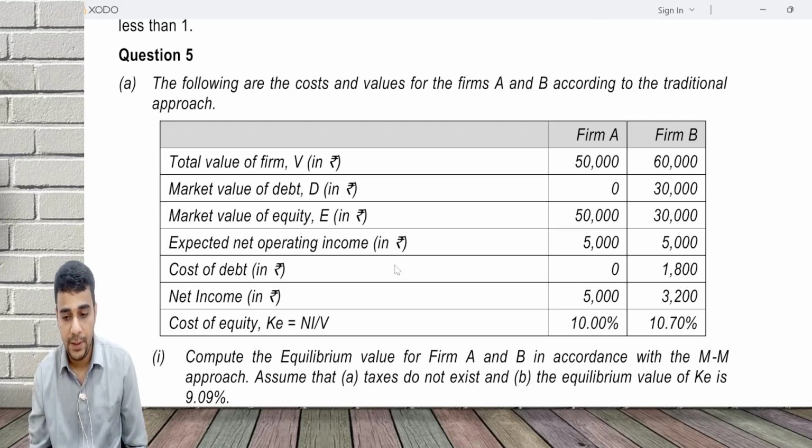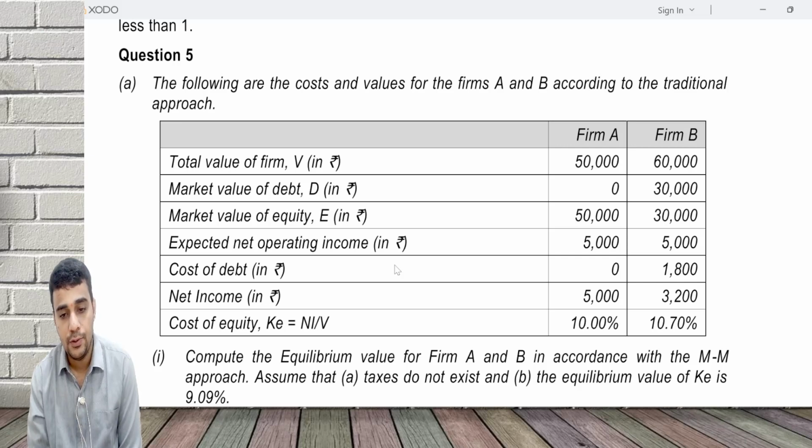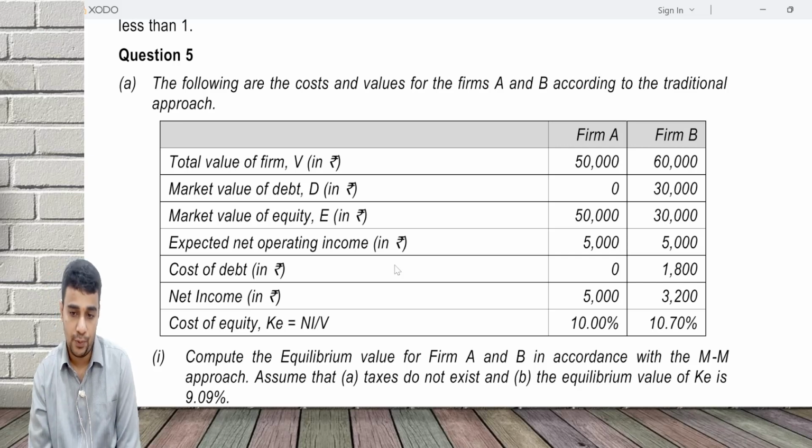5A and 5B, 2 questions are there. Let's come to 5A. Following are the cost and values for the firm A and B according to the traditional approach. Firm A, firm B, total value, market value of debt, market value of equity, expected net operating income, cost of debt in rupees, net income, which is profit after tax, or profit before tax, you can understand it either way, cost of equity.